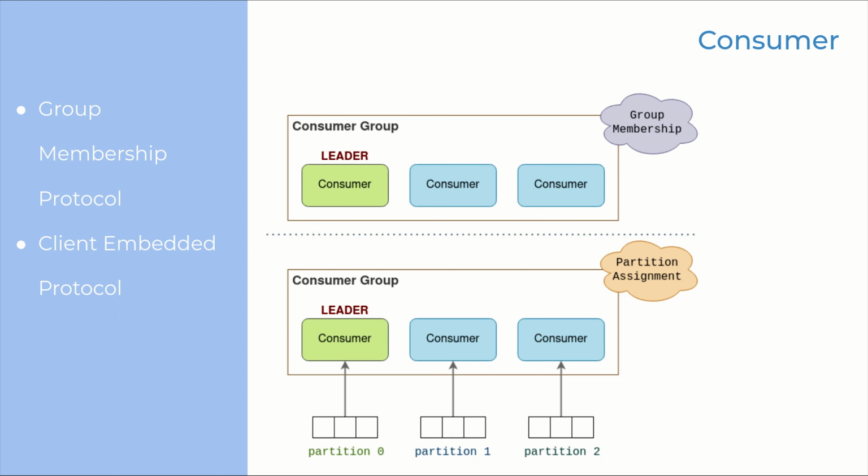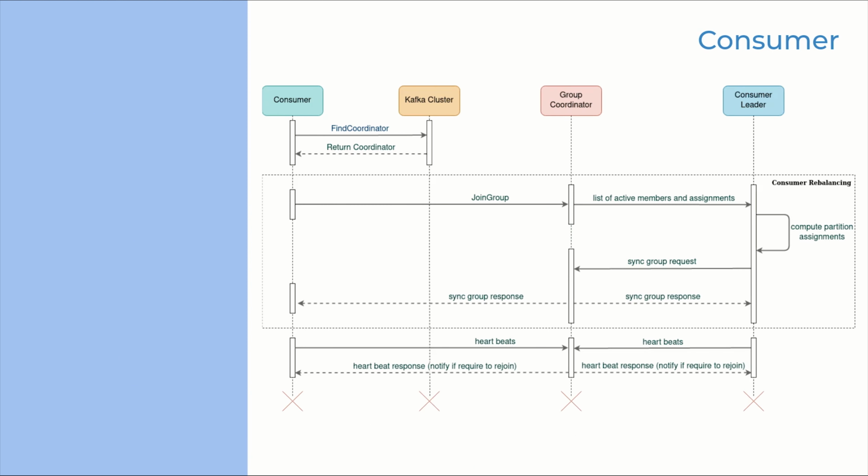And these 2 protocols will rebalance the consumer group and partition assignment in the event of adding or removing consumers from the consumer group. And a special note is that no writes are allowed while the consumer group is getting rebalanced. And let's see how this rebalancing works. This is the workflow of adding a new consumer, which will initiate rebalancing.